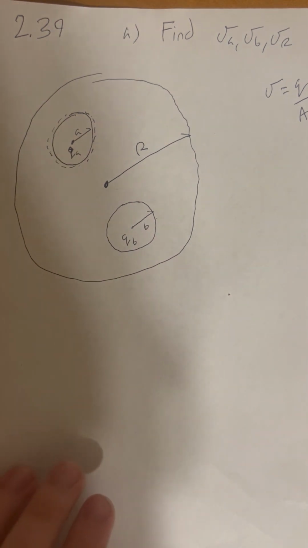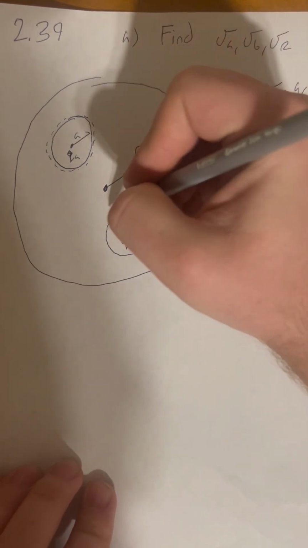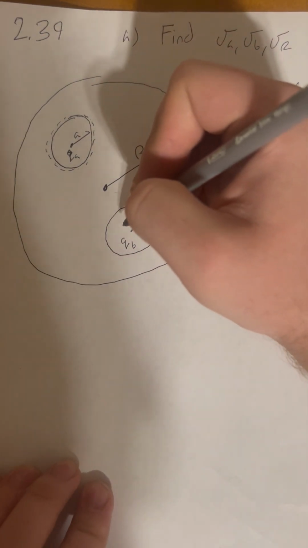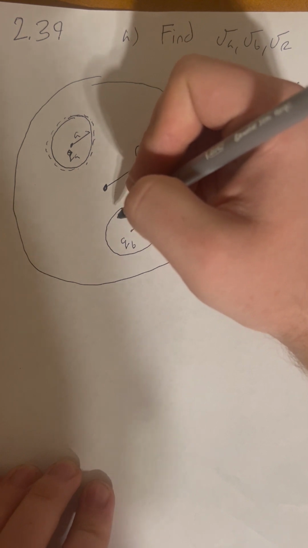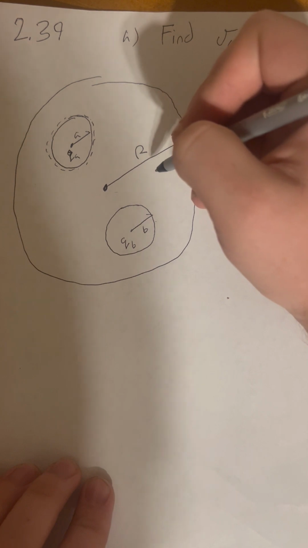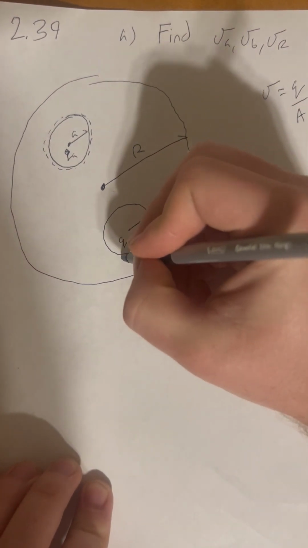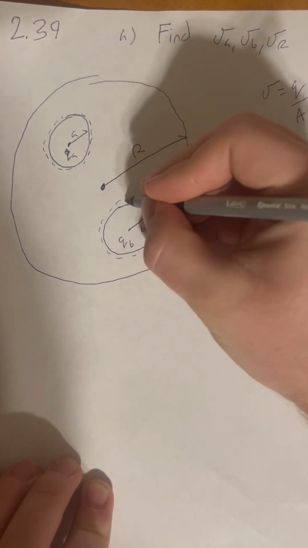One way for this to happen is for these negative charges to be induced. And then due to the uniqueness theorem, we are able to say that is the way it does happen. These point charges are inducing opposite charges on their surfaces.